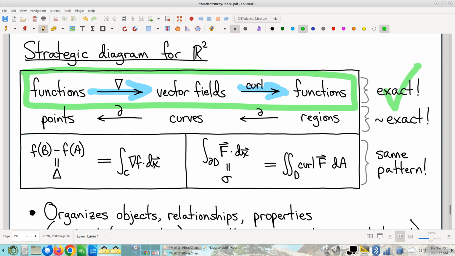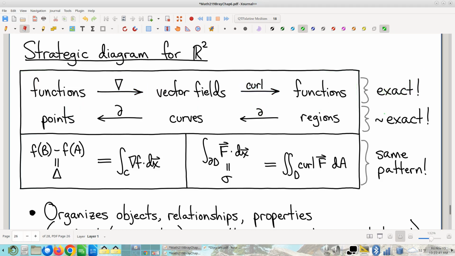You don't need to worry about the particulars of that. But the idea of an exact sequence is, there's different ways to say this, but everything has a lifetime of 2. Do y'all remember that story that we talked about back in chapter 3, this whole little metaphor of lifetimes, right? So if you have a function, and if you compute its gradient, that'll give you a vector field. If you take the curl of that, you will get 0, right?